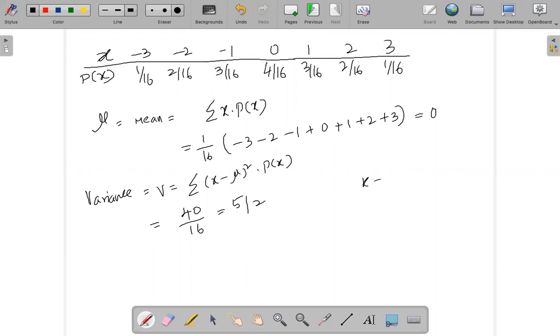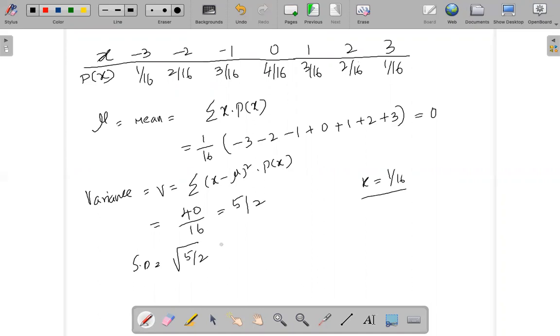And k is 1 by 16. We got the k value, and the mean and standard deviation. Also, the standard deviation is square root of 5 by 2.